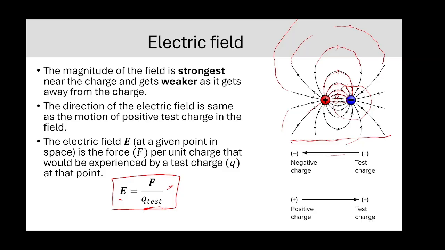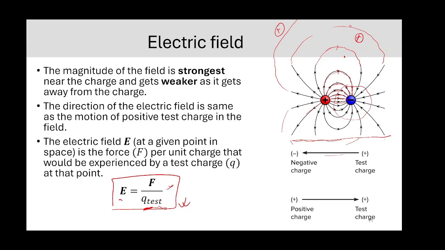And this equation gives us a way to quantify the influence of a charge at any given space. For example, if we were to look somewhere at this point or somewhere at this point, this equation will give us a way to quantify this force.